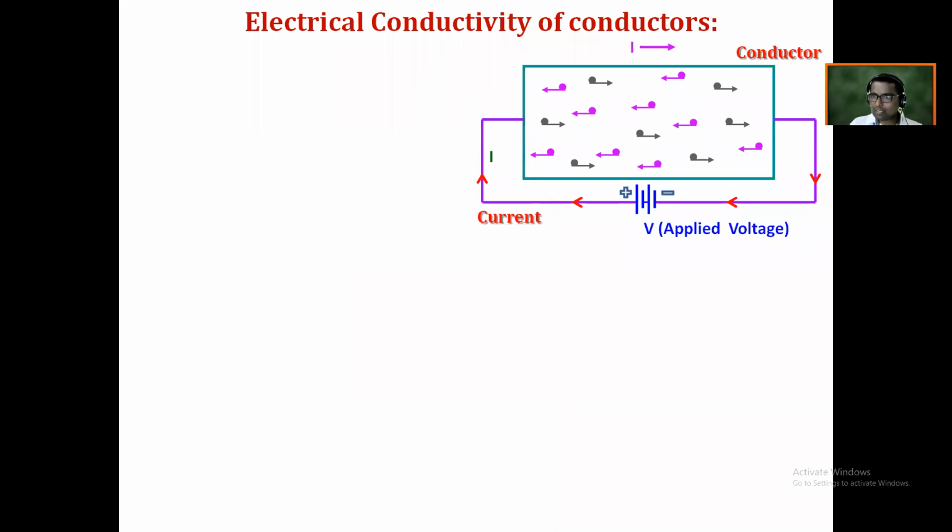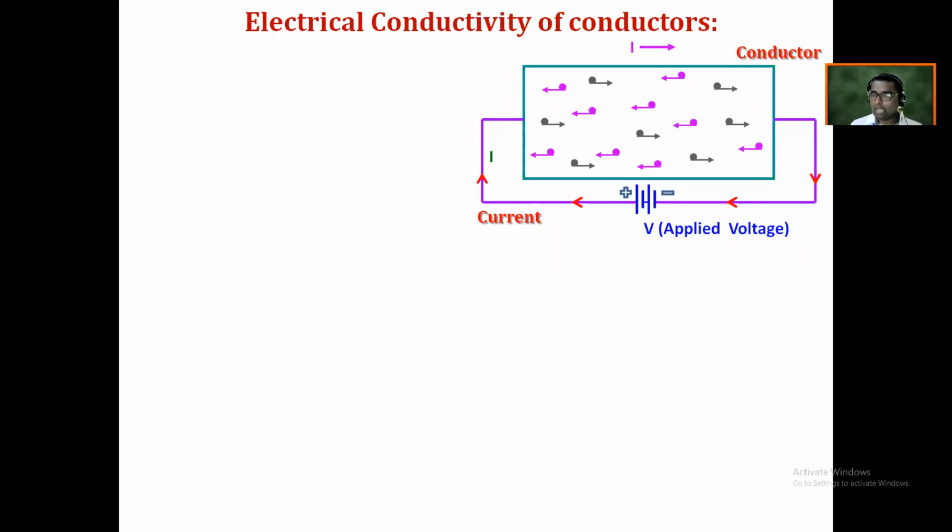It means that during the travel of the free electrons from the negative terminal to the positive terminal, so many obstacles are present, and this obstacle present in the conductor is the property of that conductor. And these obstacles are nothing but atoms, molecules, or free electrons, whatever it may be.